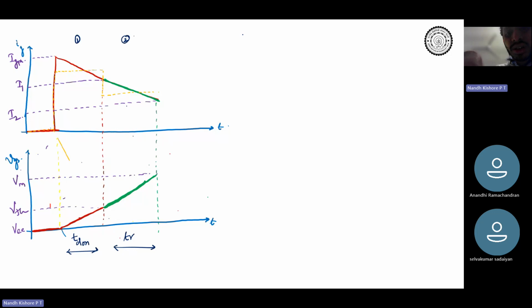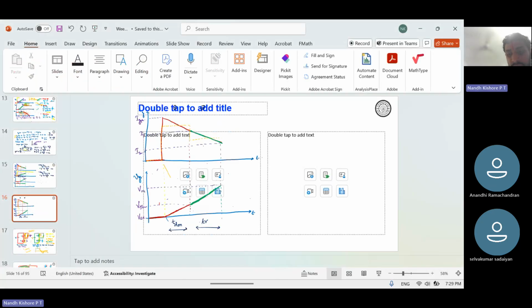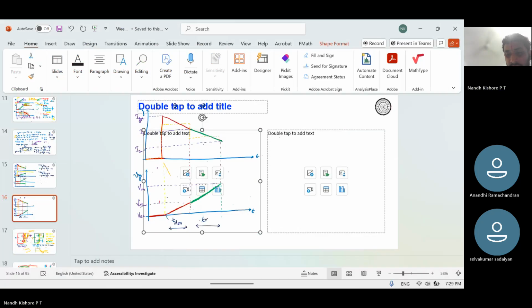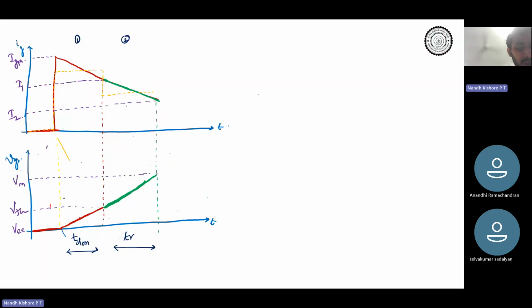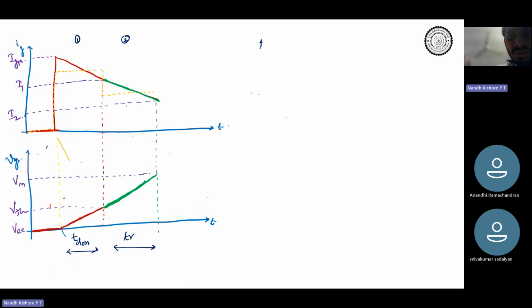So in interval 1, that is during TD on, we saw two values for gate currents.